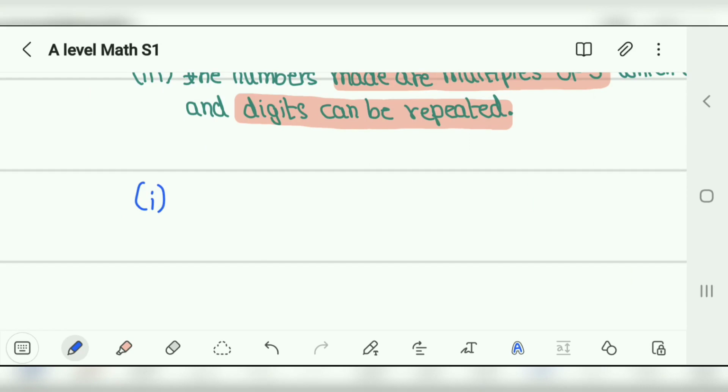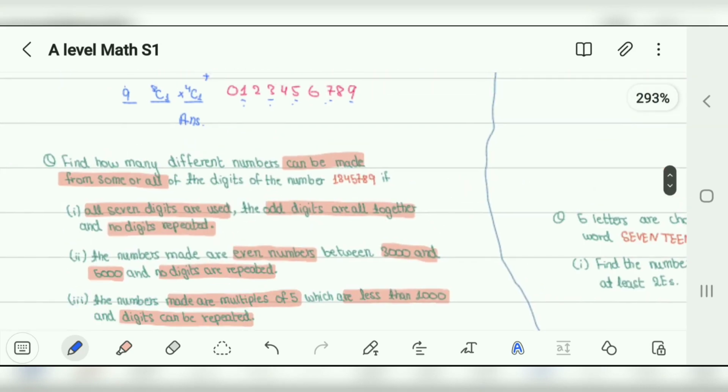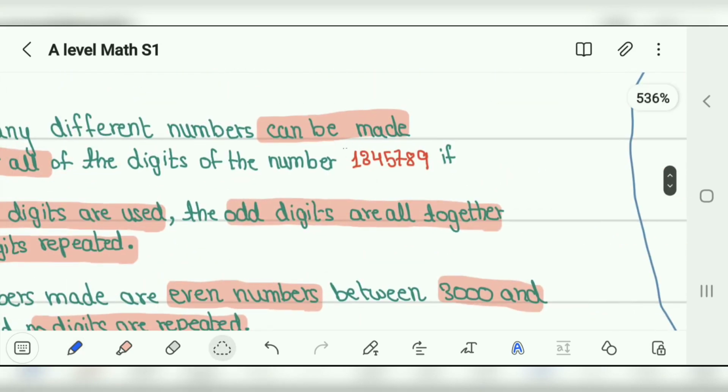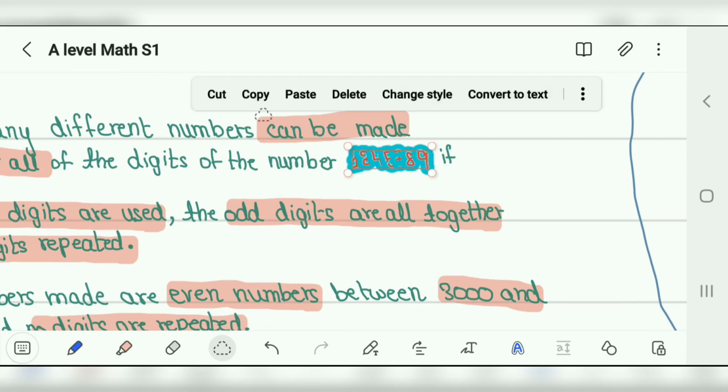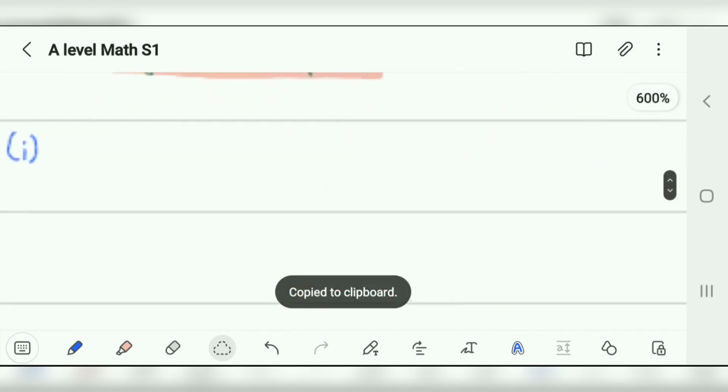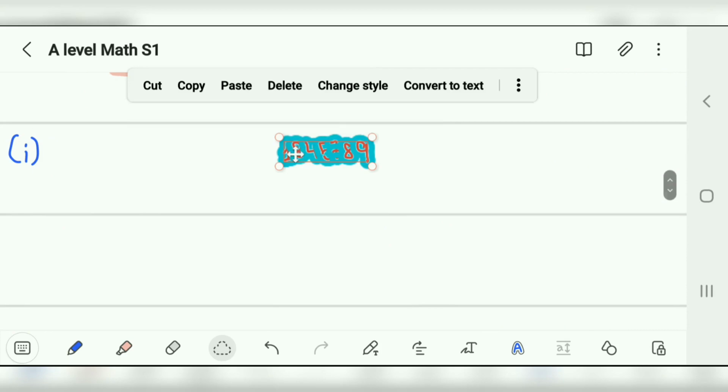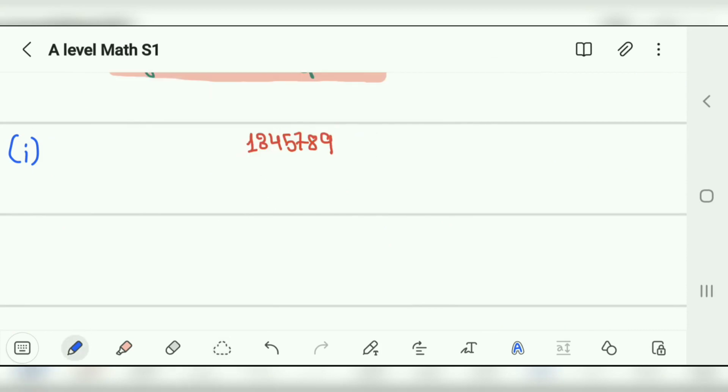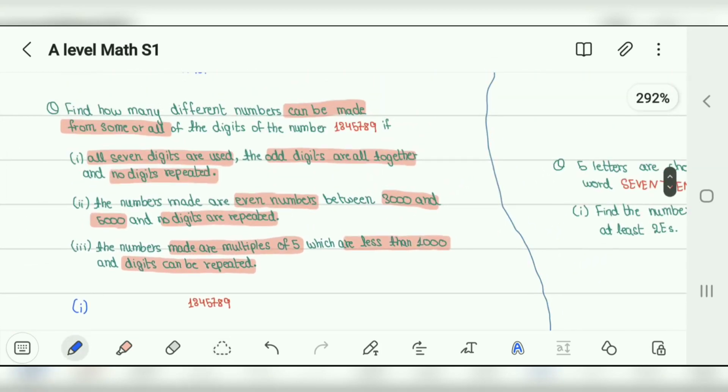Find how many different numbers can be made from some or all of the digits of the number.